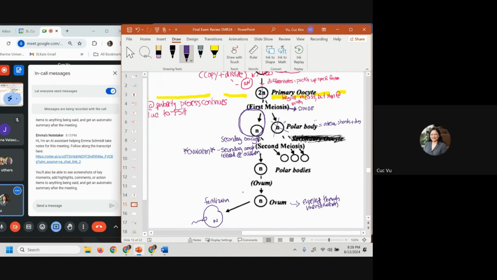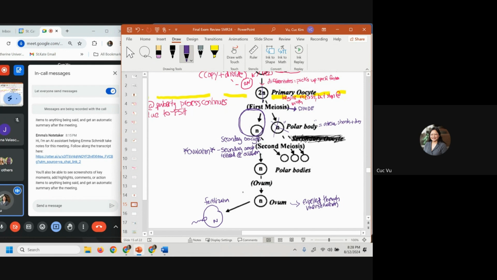Meiosis 2 only happens if fertilization happens. Otherwise, what's expelled is the secondary oocyte in menstruation. So if fertilization does happen, that secondary oocyte is going to quickly finish meiosis 2.